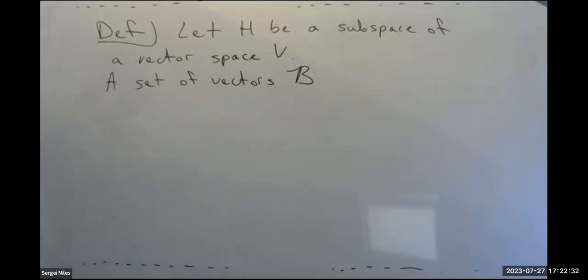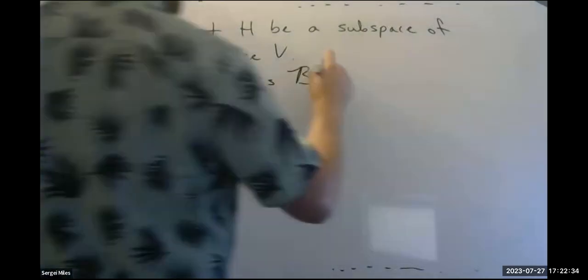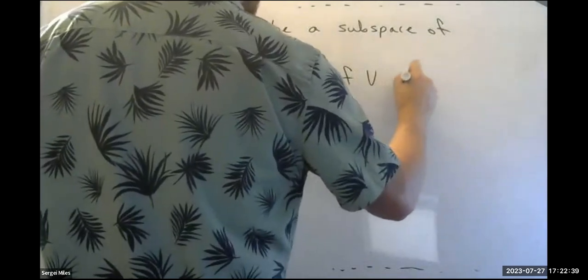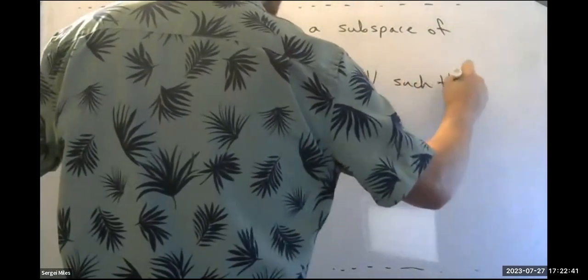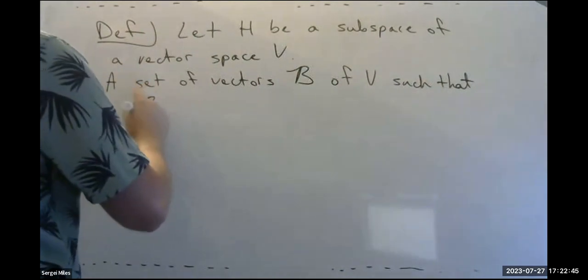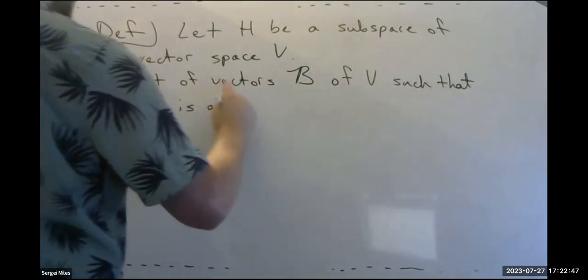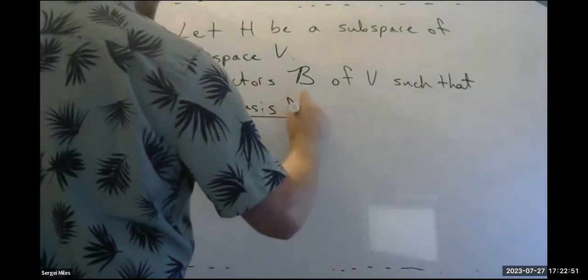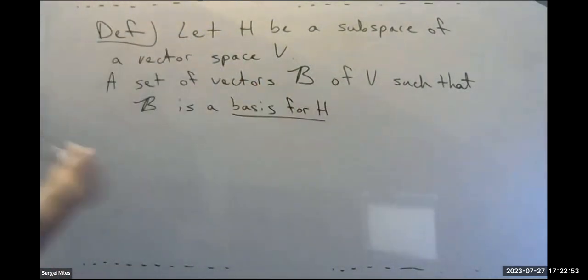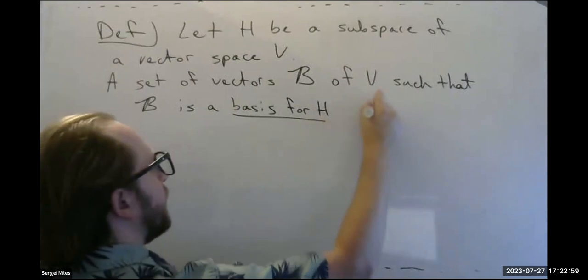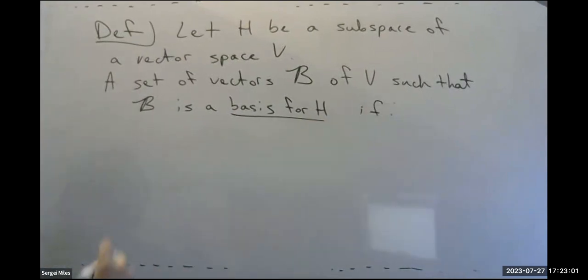Then this script B is a set of vectors of V such that B is a basis for H. So a basis is a set of vectors for some space if the following happens.